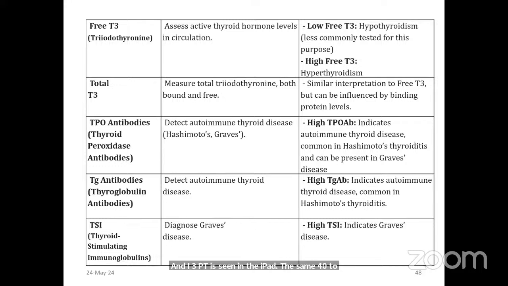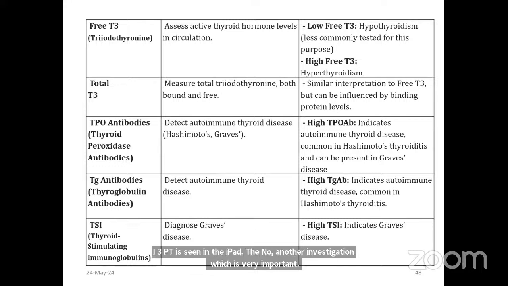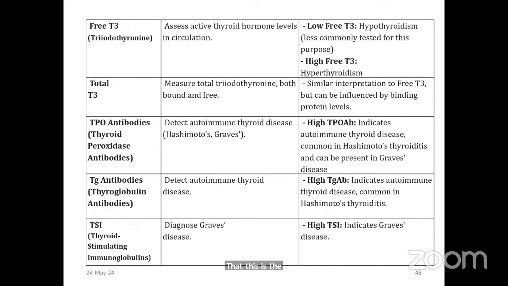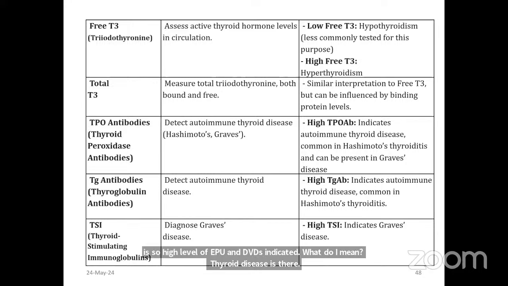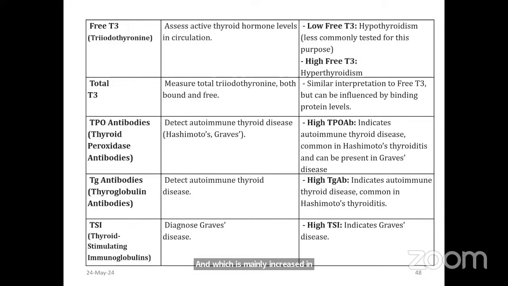Another investigation which is very important is the TPO antibodies, thyroid peroxidase antibodies. This investigation is used to detect autoimmune thyroid disease like Hashimoto's or Graves disease. So a high level of TPO antibodies indicates that autoimmune thyroid disease is there, and it is mainly increased in Hashimoto's thyroiditis.